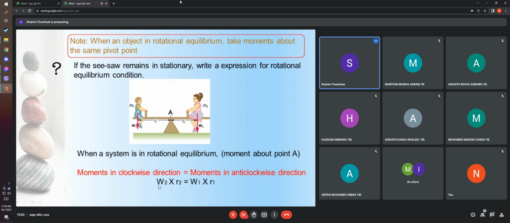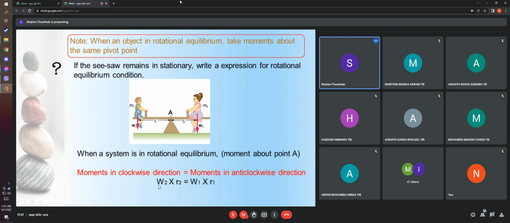What is the definition of moment? The force into the perpendicular distance from the pivot point to the line of action of the force. The perpendicular distance, yes. Here, the perpendicular distance is given. If the force is acting at an angle, you have to find the perpendicular distance first.